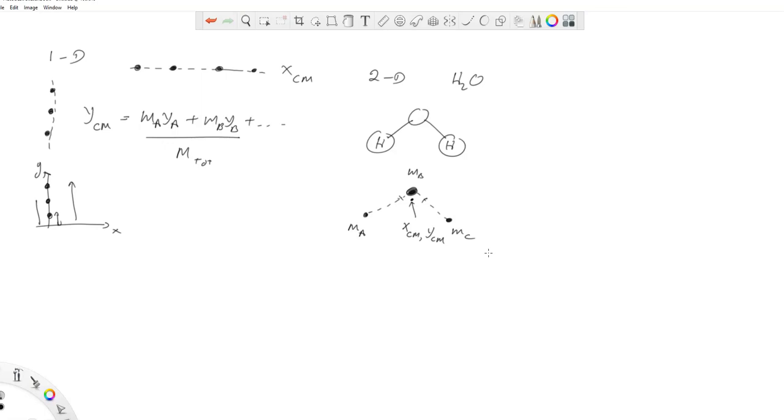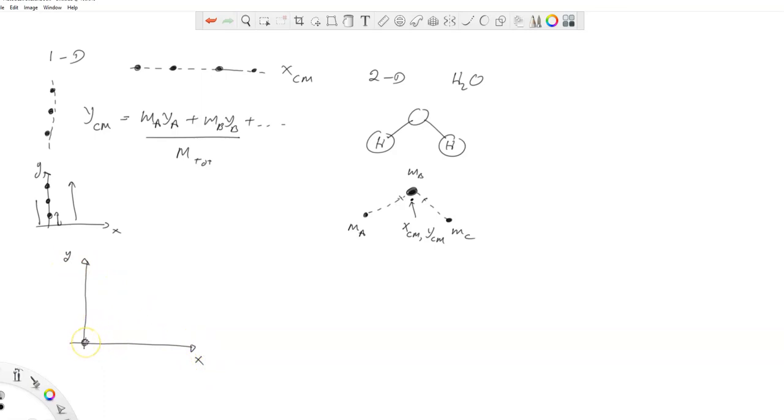So let's try a simple math problem. Let's say we have three masses, so I'm going to just put them on the xy axes themselves. So y and x.